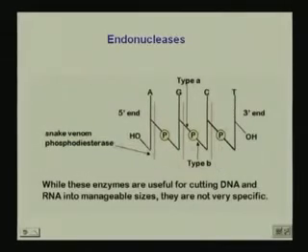Okay? So, these enzymes are actually used for cutting DNA and RNA into manageable sizes, and they are used a lot in microbiology and molecular biology, where you have specific genes that are tailored to what you want to make or which protein you want to make.